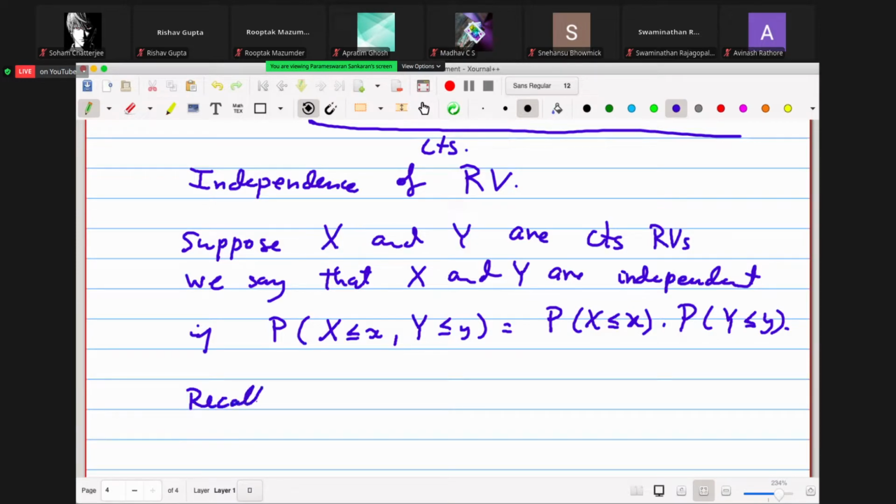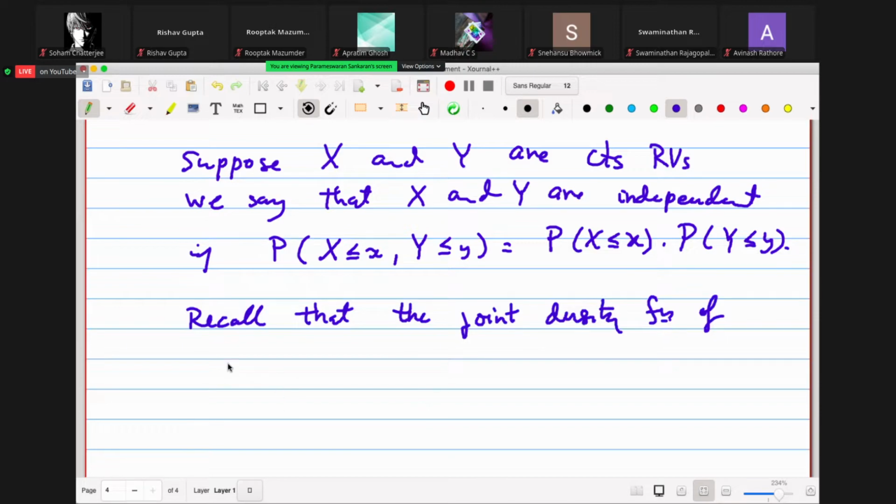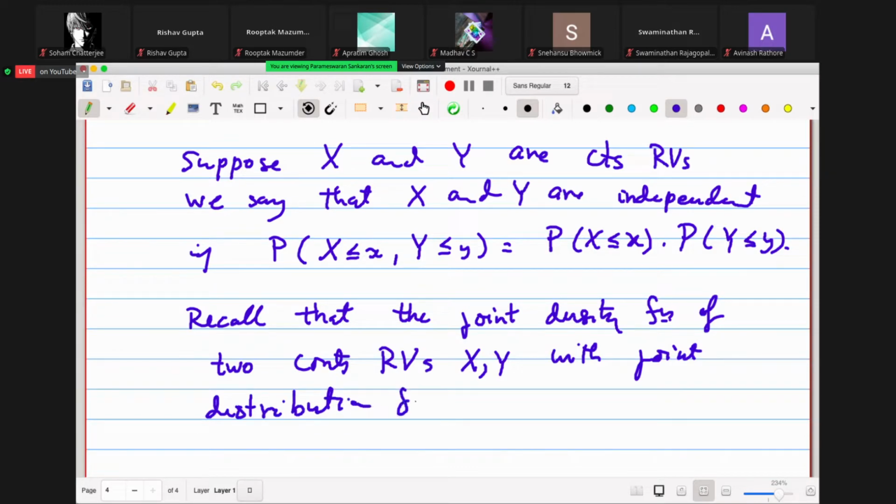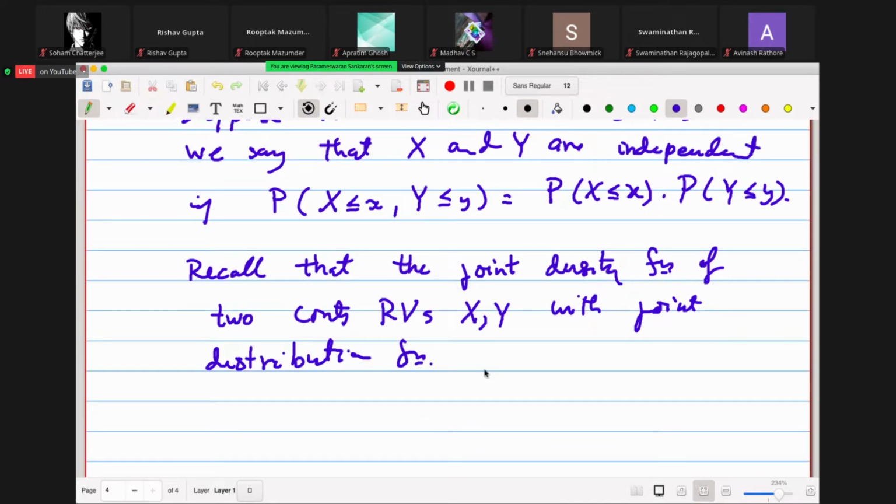So recall the joint density function of two continuous random variables X, Y with joint distribution function F_XY of x comma y.